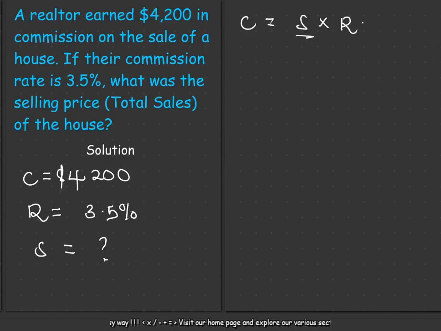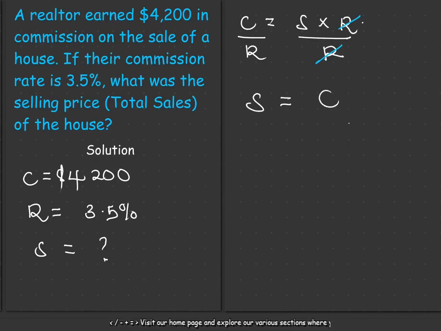So if you want to make the selling price the subject, what do we do? We divide both sides by R. So divided by R, divided by R, in which case this R here cancels out the R. So that S now stands on its own. So with S on its own, we have S being equal to the commission over the rate.